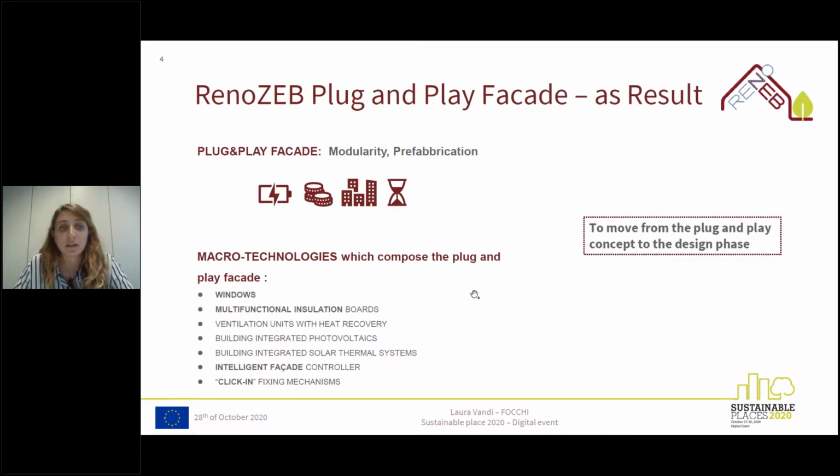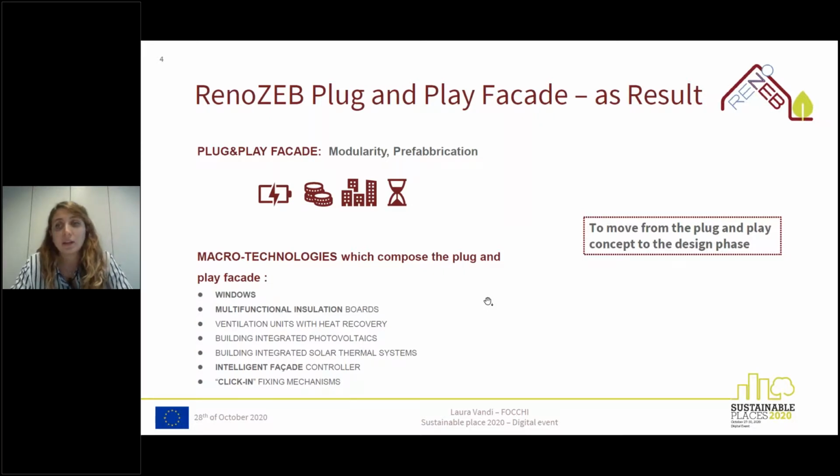As I said, the plug-and-play facade is the main character of the project, because it deals with prefabrication and modularity themes.